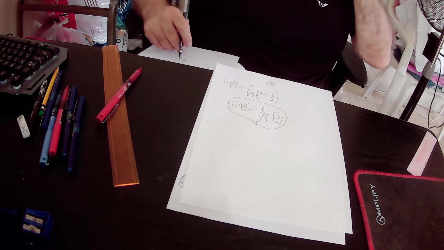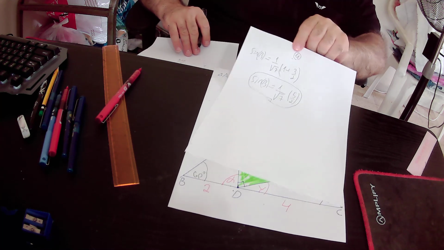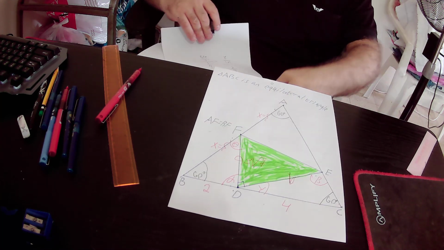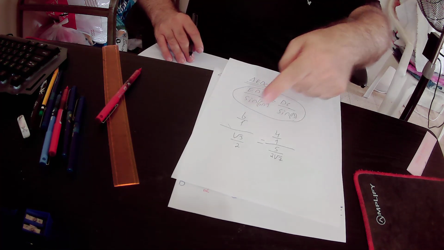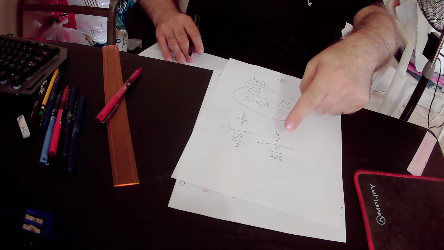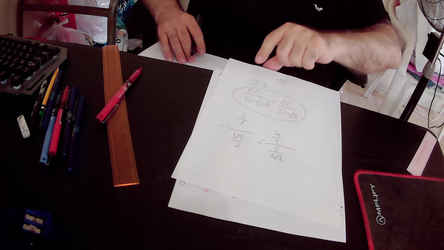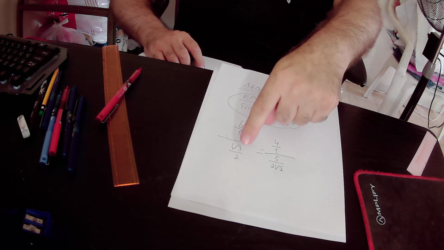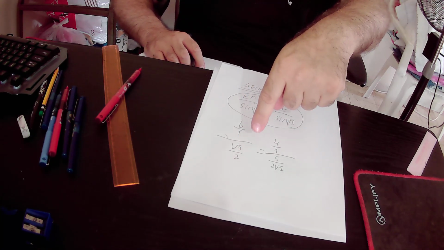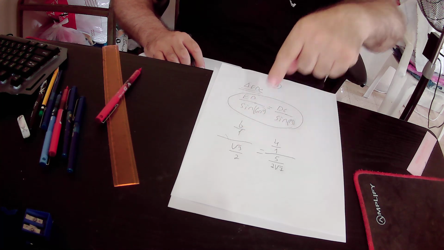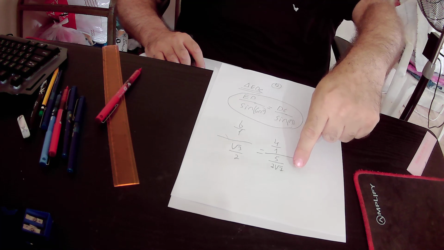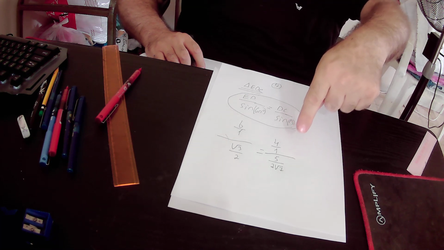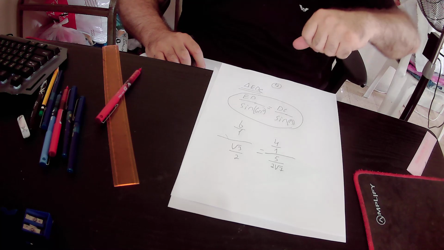So in total we got that b over root 3 over 2 equals 4 over 5 over 2 times root 7. Here we can move 2 to the numerator and root 3 to the denominator, and on the other side of the equation we can move 2 times root 7 to the numerator and 5 to the denominator.